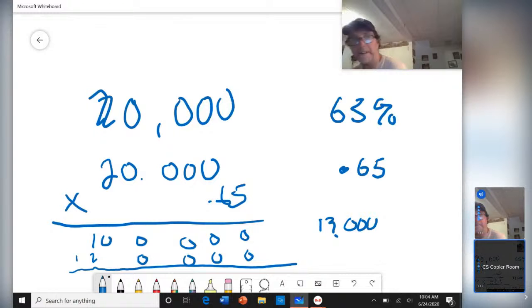So for that one, when you have a percentage in there, 65% and another number, you know that's going to be a multiplication because it's not asking out of. It's just saying two numbers and you're going to multiply a percent times the whole number.